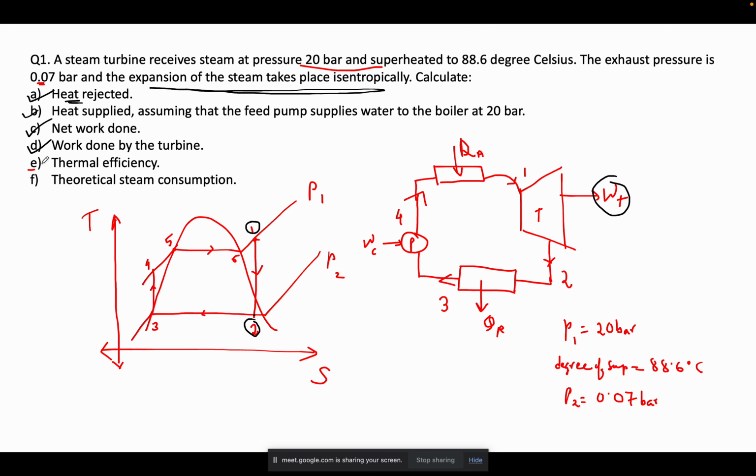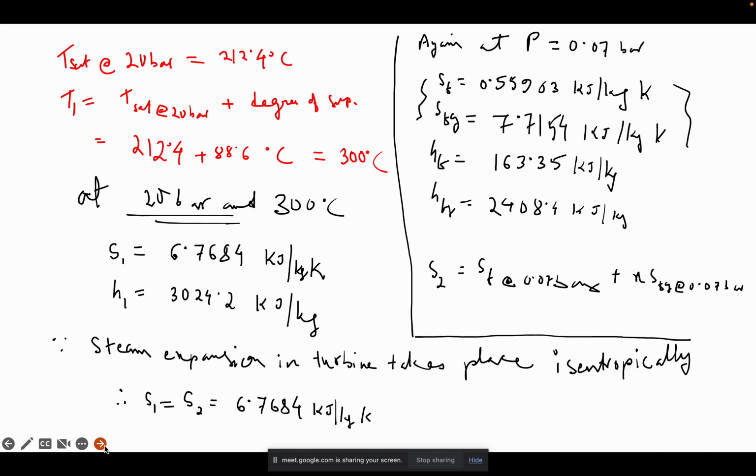Next, what is left is the theoretical steam consumption. To calculate it, you just have to remember this formula: the theoretical steam consumption is equal to 3600 divided by W net.